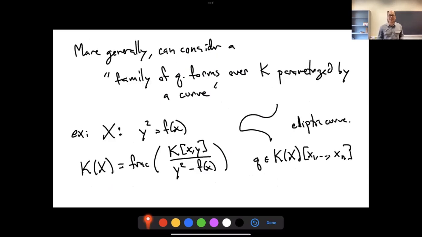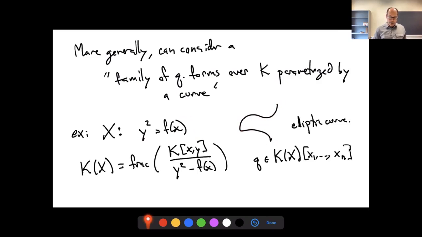We can make this problem a little more intricate and ask, instead of just having a free parameter t, maybe we can think about, so in the previous example we had a family of quadratic forms parameterized by this t. But we might instead ask for our parameter to range through points on an elliptic curve or something like that. So in this case, we might consider the solutions to this equation. This is some elliptic curve, which we would draw like that.